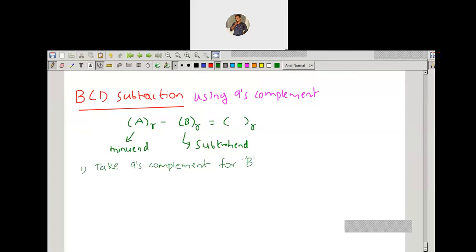After that, the second step is add it to the minuend using BCD addition.